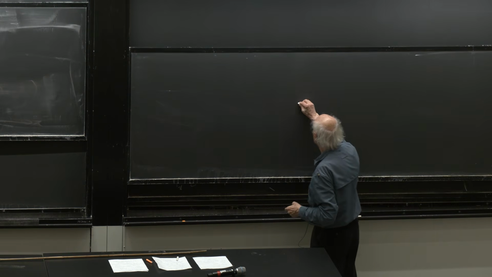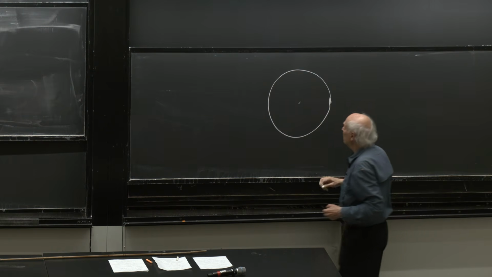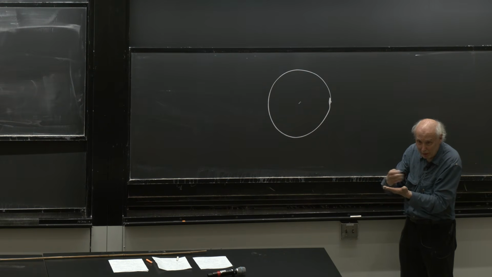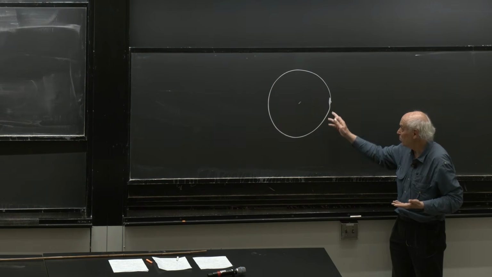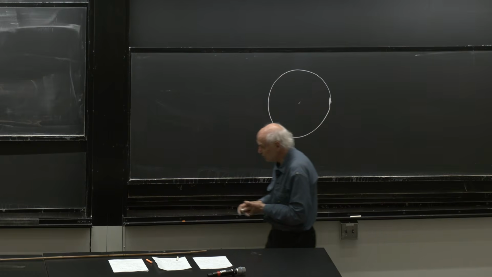In the complex numbers, you have the unit circle. And if you're in a complex vector space, you can multiply a vector by a complex number of absolute value 1, so you have this circle action.